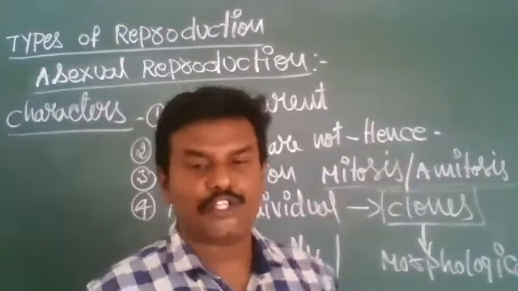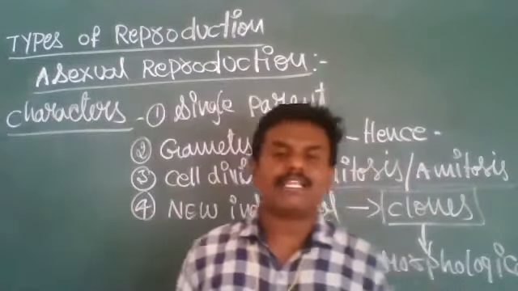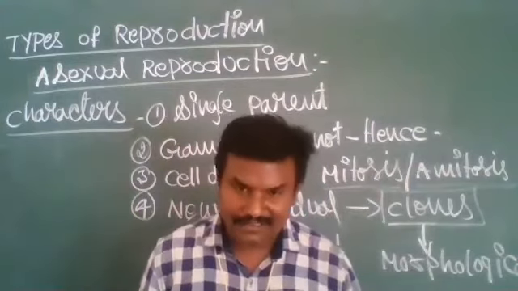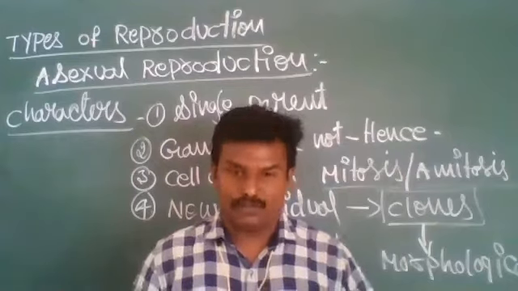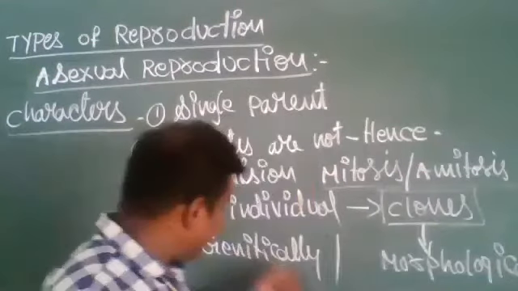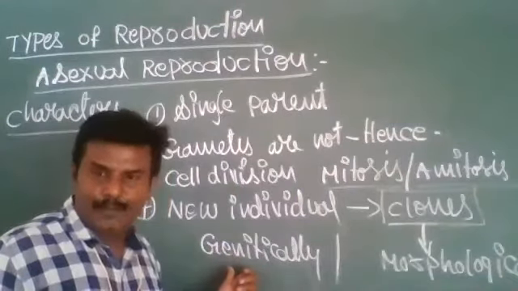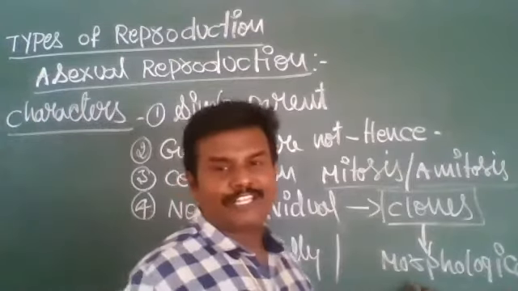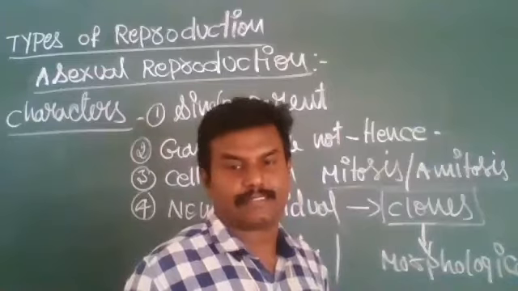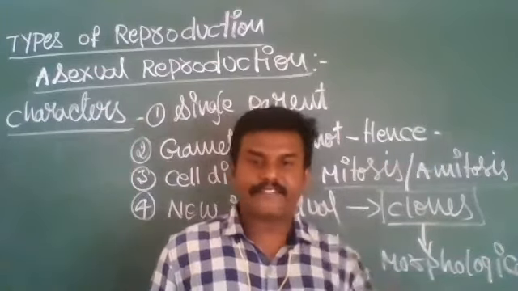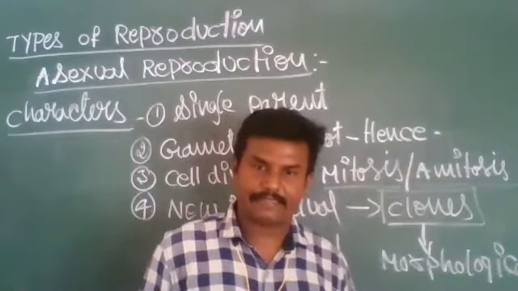Through asexual reproduction, new organisms are formed. Those organisms are called offsprings, or individual organisms are clones. Those clones are similar in genetic composition and morphological composition. Morphological means what? External and internal features. The external and internal features are similar to their parents.